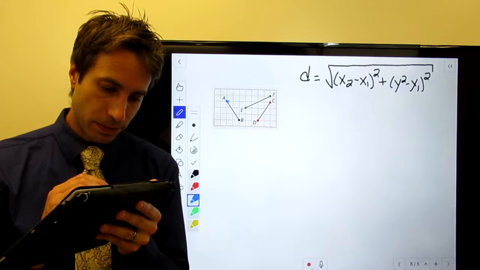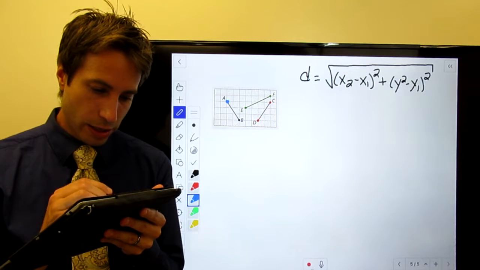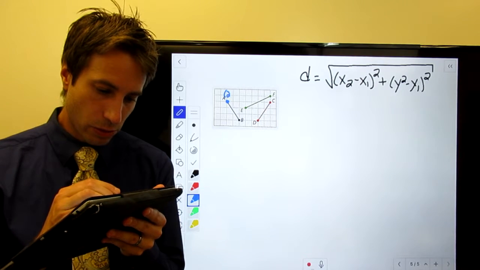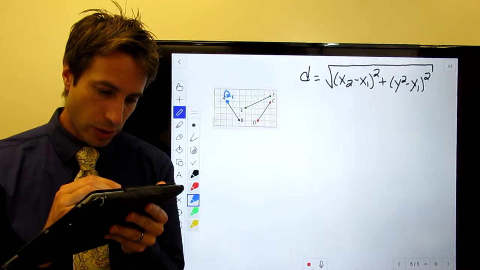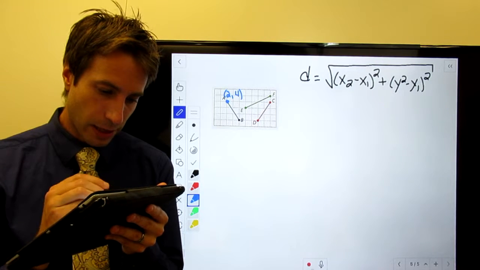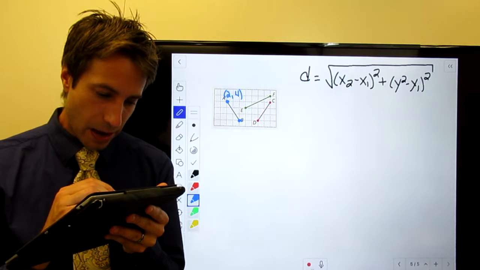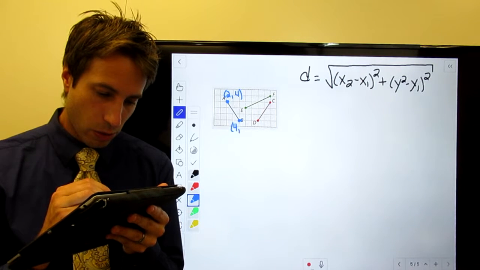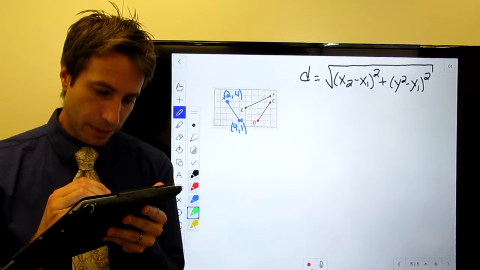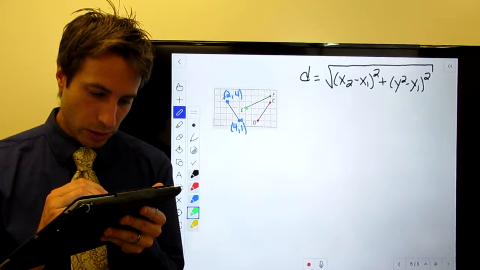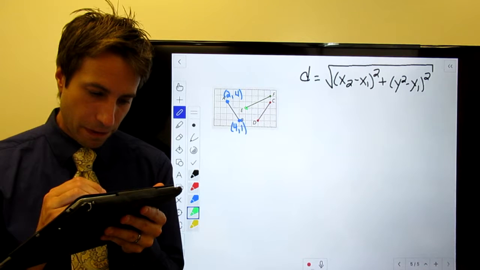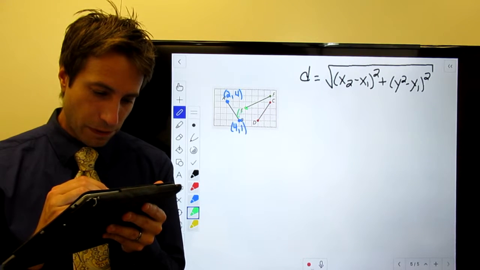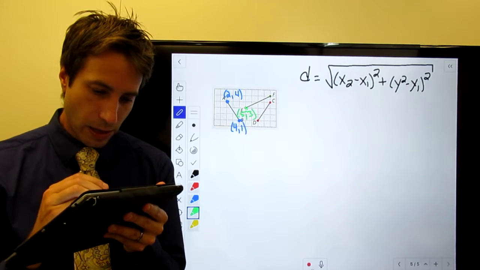Well, look at this. Here we go. That guy right there is at 2, 4. And B is at 4, 1. Great. This guy, where's he? He's at 5, 3. What about this guy?